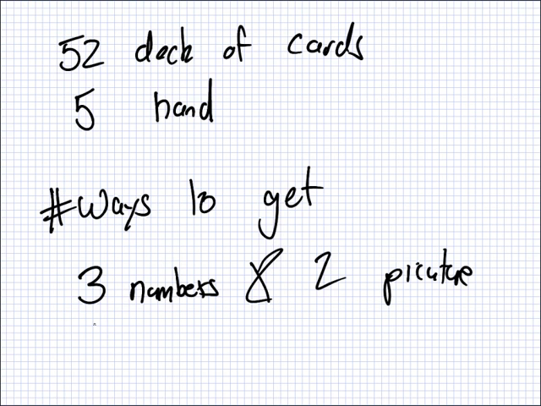By number card I mean an ace to a 10, and a picture card is jack, queen, king. So I want to know how many hands you can have where 3 of the cards are number and 2 of them are a picture. This is just like the example with making the teams, if you think about it like that.